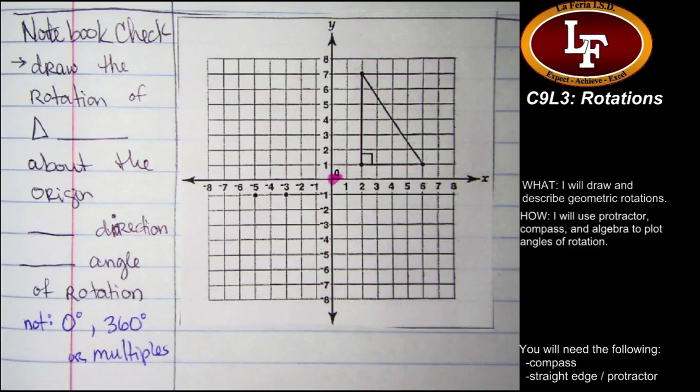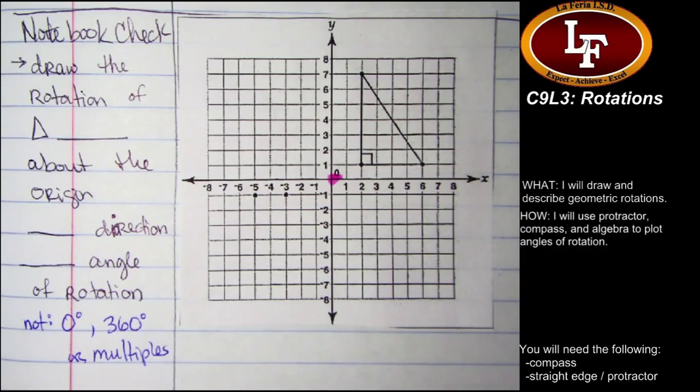Is 90 a multiple of 360? It is a factor of 360, but it is not a multiple. So any number that you can multiply to 360, whatever you get out, you can't use. So 360 times 1, 360 times a million, don't use those.